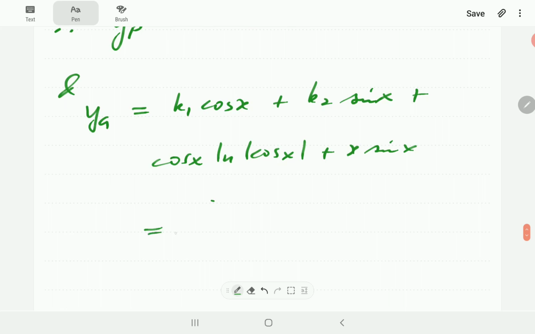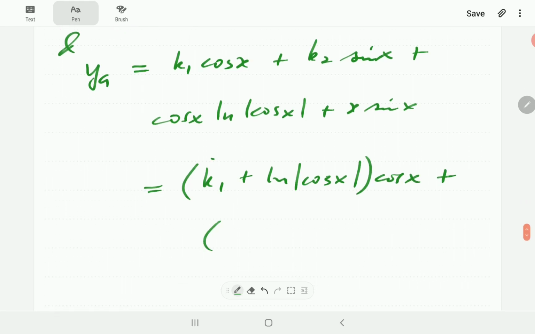So we can express this as k1 plus ln cosine x times cosine x, by factorizing, and the second term is going to be k2 plus x times sine x.